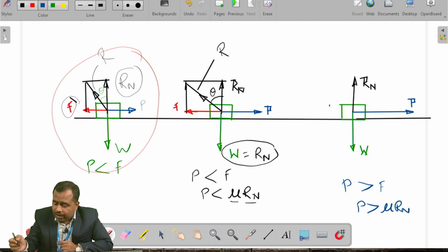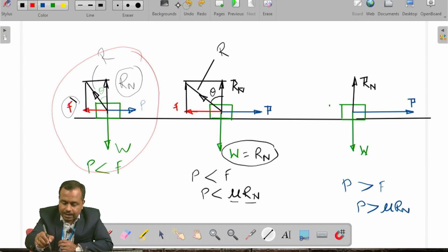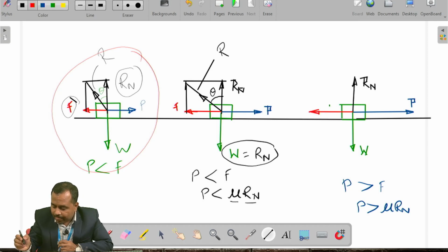Okay, now there is a frictional force F which will act towards left side, but its magnitude is limited because it is the product of mu into Rn. Okay, so here once again I will complete the box. So this is the box and I will join the diagonal.